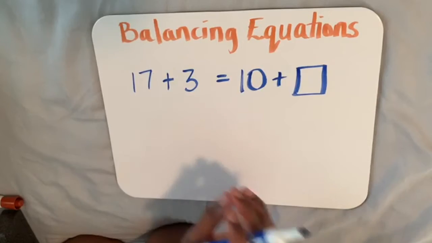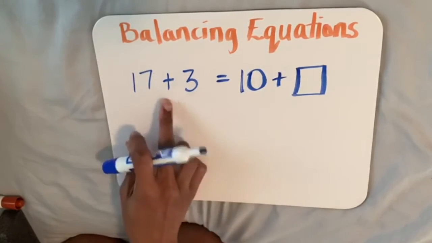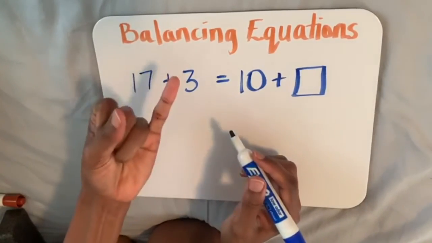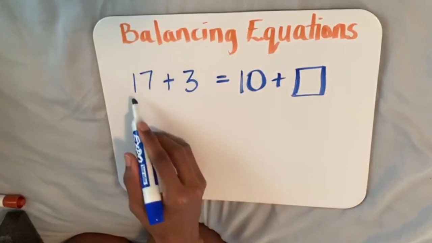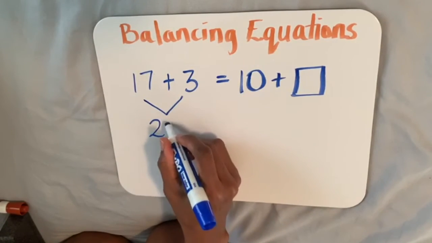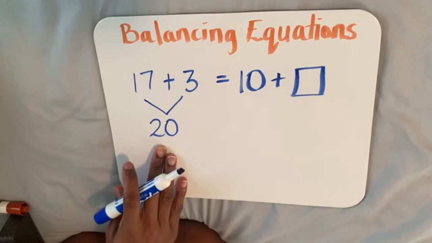I'm going to go to the side that I can solve, the side without the box. This side doesn't have an empty box, so I know I can solve it. 17, 18, 19, 20. 17 plus 3 more gives me 20. So if this side is equal to 20, guess what?